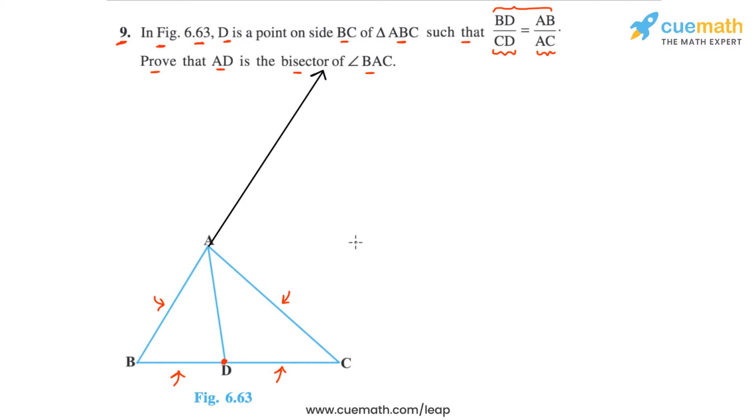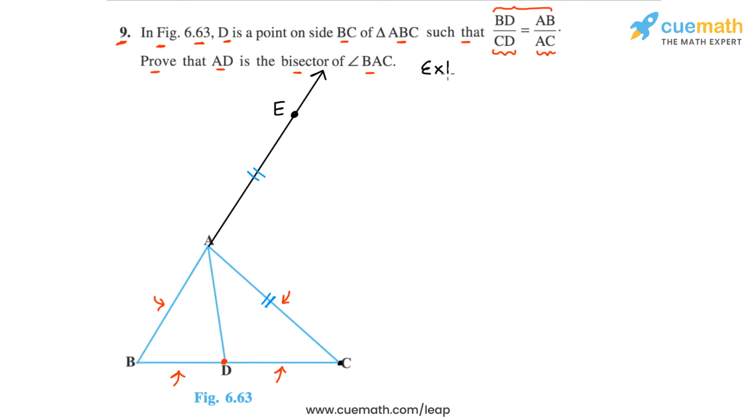In the angle bisector theorem problem, we drew a parallel from C to the segment DA. But in this case, we are going to take a point E on this extended ray such that AE and AC are equal. So this is the construction that we're going to do in this case. So let me write this construction.